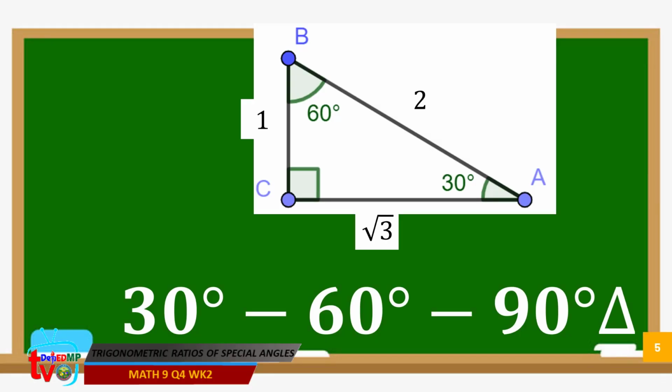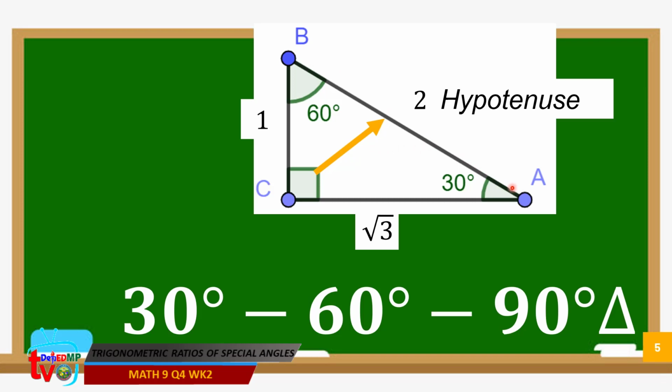Let us now solve for the primary trigonometric ratios of a 30-degree angle. Let us first identify our hypotenuse. The hypotenuse is the side opposite the right angle. Therefore, our hypotenuse is line segment AB.